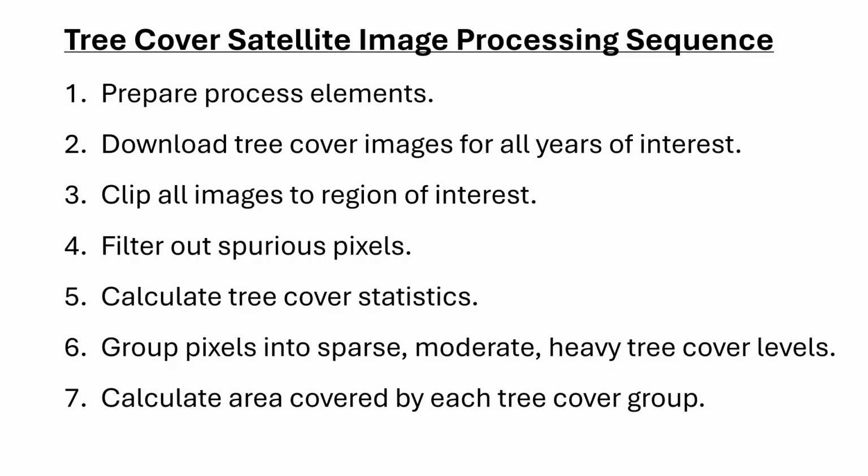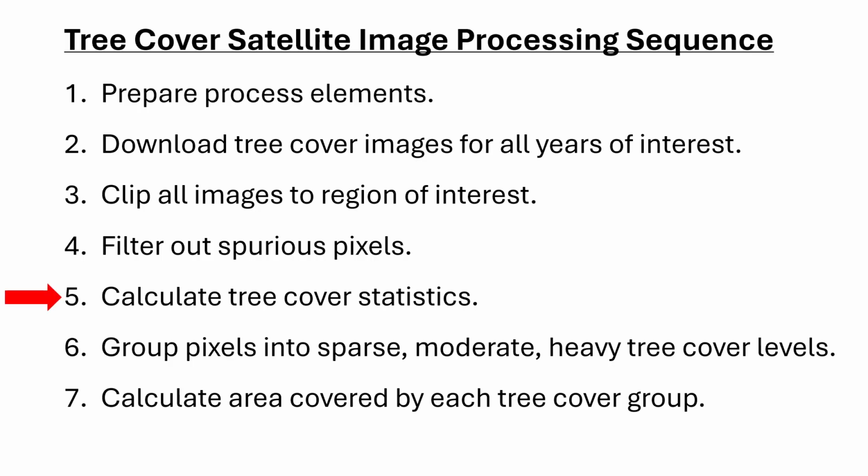There are 7 steps in the tree cover satellite image processing sequence. Prepare the various elements of the process. Download tree cover images for all years of interest. Clip all images to a region of interest. Filter out spurious pixels.